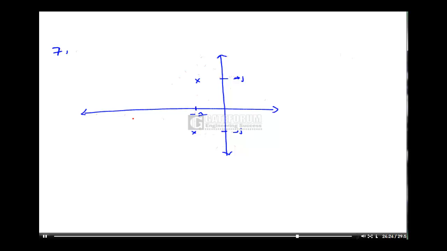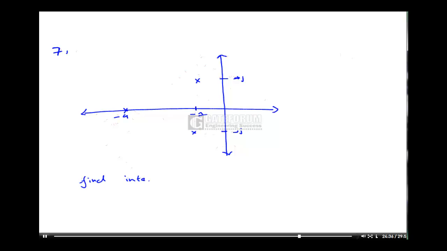Or instead of the root locus, the poles are given: plus j, minus j, minus 1, minus 4. For this we have to find the intersection with the imaginary axis.